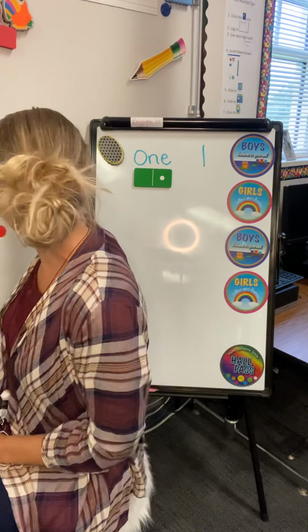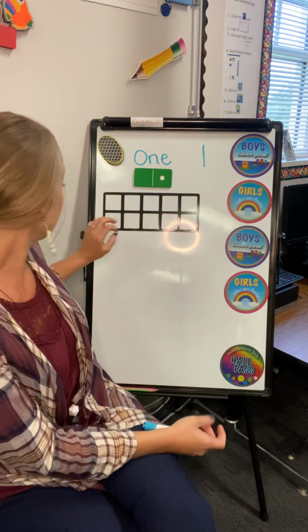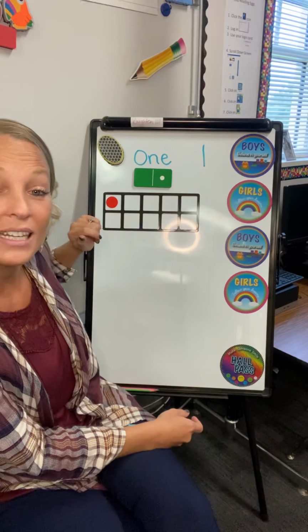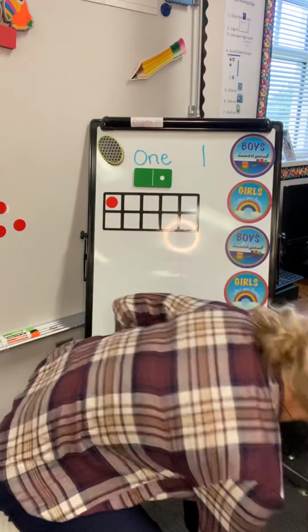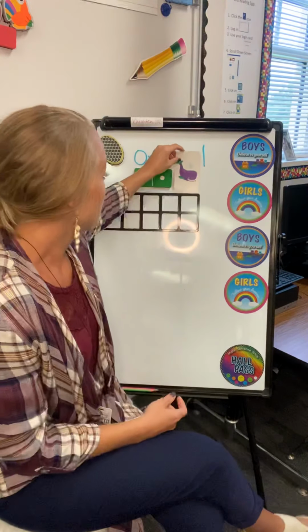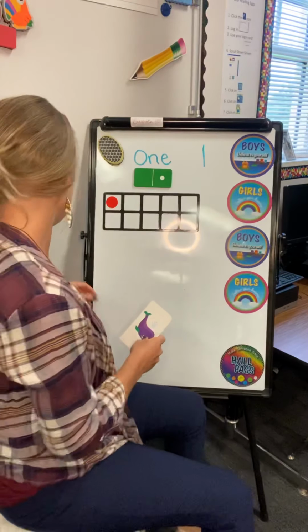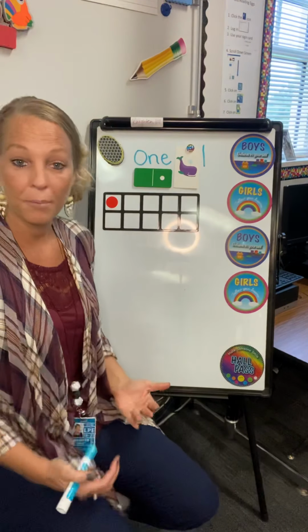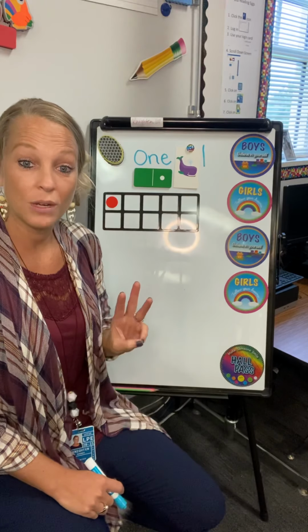Just like we do on the calendar, you can also draw a 10 frame, and you can make that 10 frame have 1 dot. So you choose, or you could draw the objects. But I want you to do it in 3 different ways. So you can get on your paper and show me how to do the number 1 in 3 different ways.